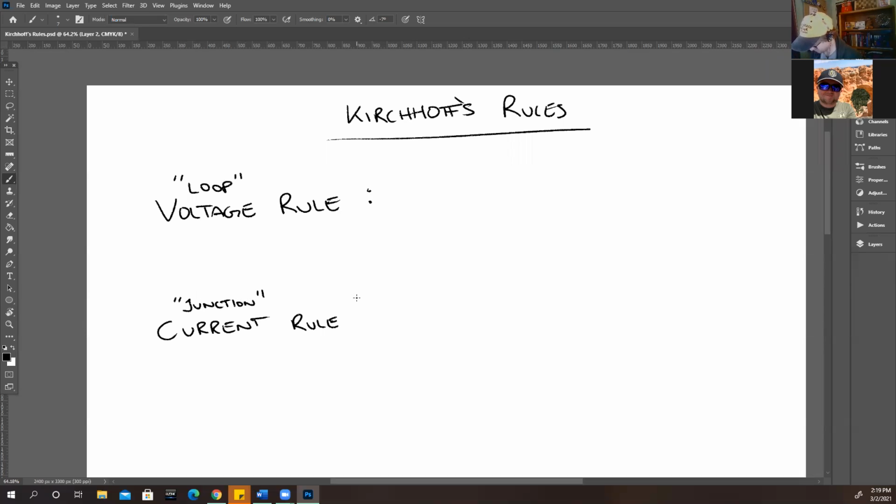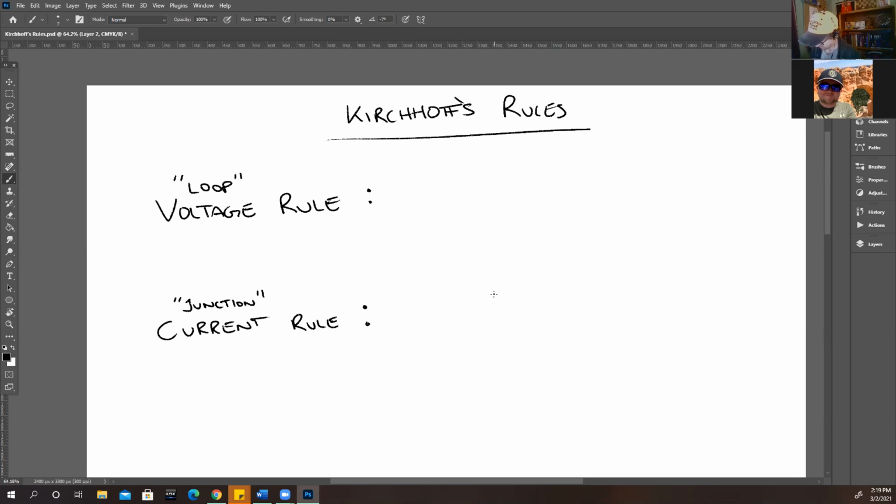Okay, let's do a little definition of each. The voltage rule is the rule that states that the voltage within any closed loop around a circuit sums to 0.